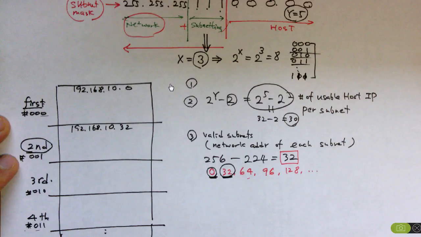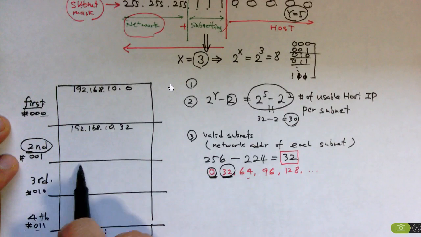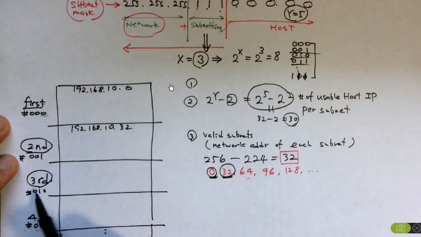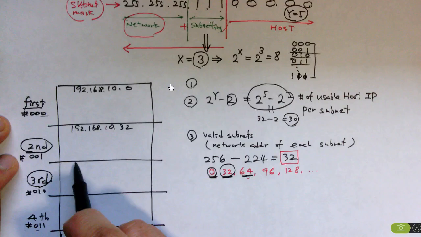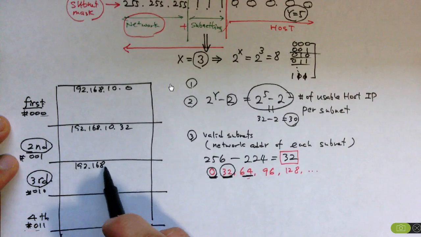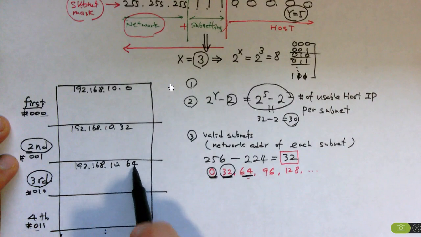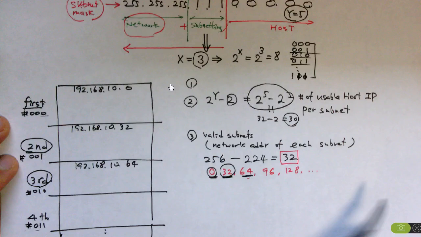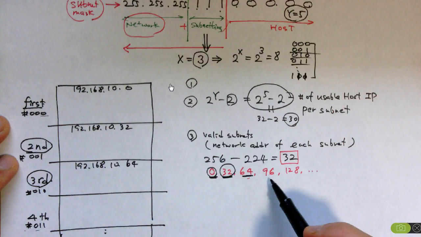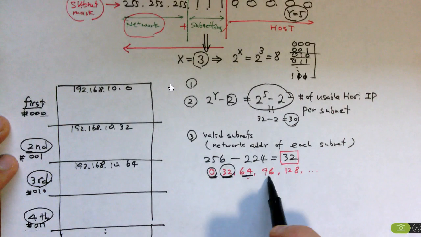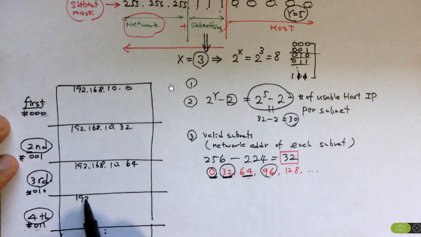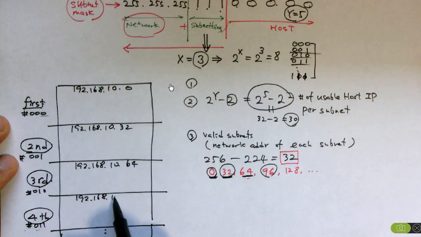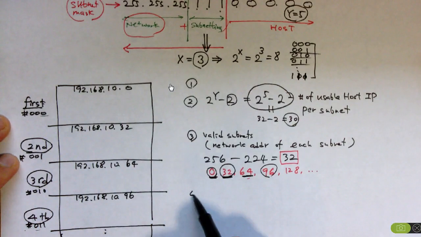Okay, and then the network address of the third subnet is 192.168.10.64, and etc. Okay, and then let's just go one more. The network address of the fourth subnet is 192.168.10.96. Okay, so number 4.